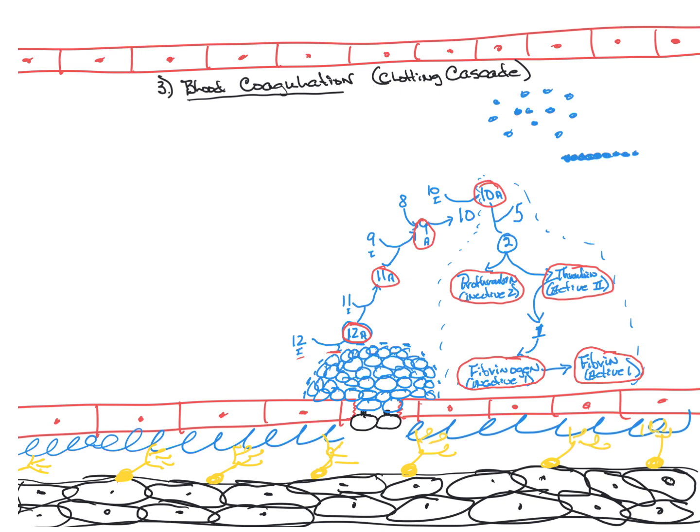Well then what happens is there is a factor 13 that comes along and comes in contact with the fibrin, and what that does is it forms a mesh. What does that mean? It forms a fibrin mesh. A fibrin mesh simply means it takes these long chains and connects them together like so.